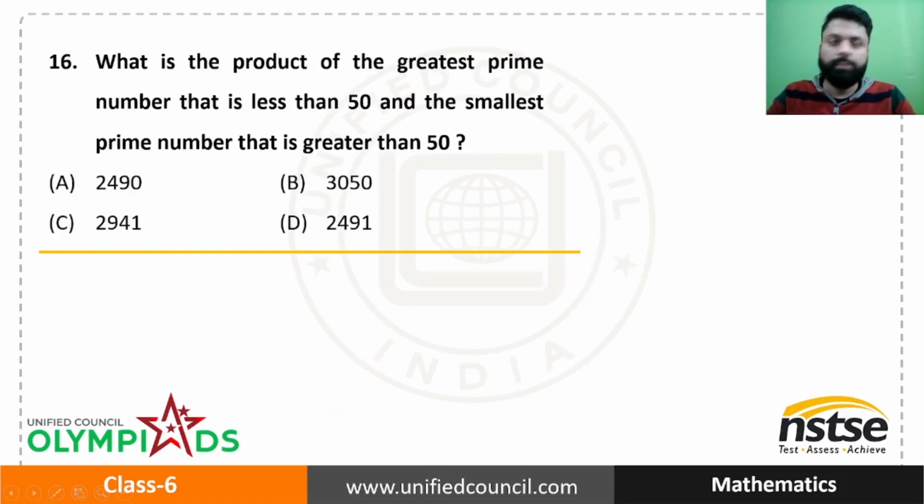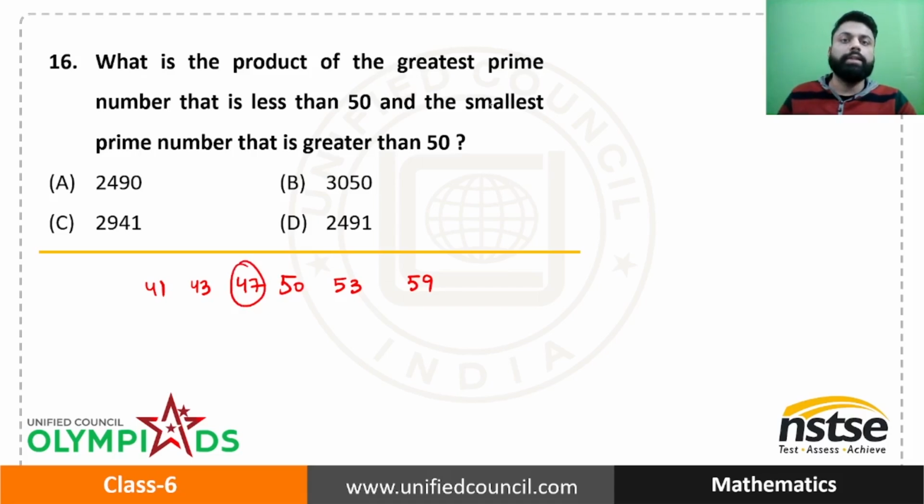What is the product of the greatest prime number that is less than 50 and the smallest prime number greater than 50? So we know that the prime number that is less than 50 is 47, then before that we have 43, 41, and after this we are having 53, then we have 59. So the greatest prime number less than 50 is 47, and the smallest prime number that is greater than 50 is 53.